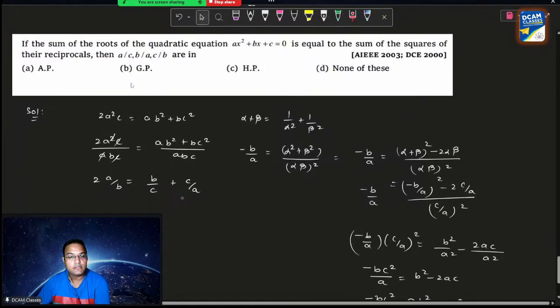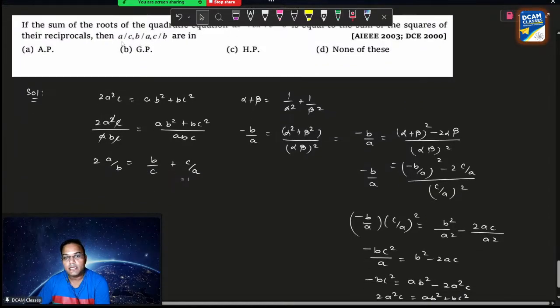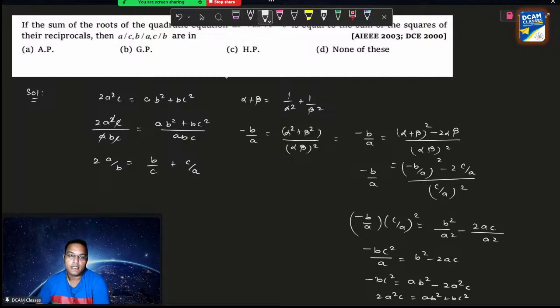Now they have asked whether A, B, C, these three are in HP.